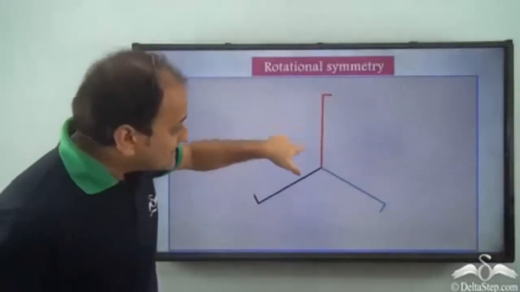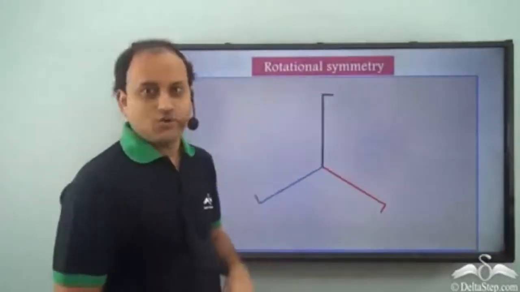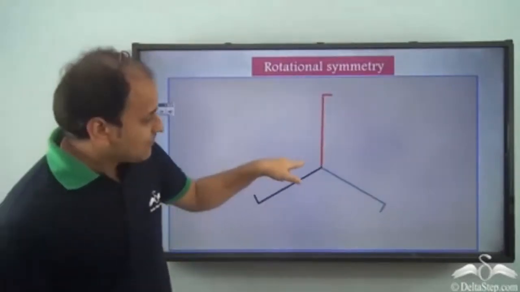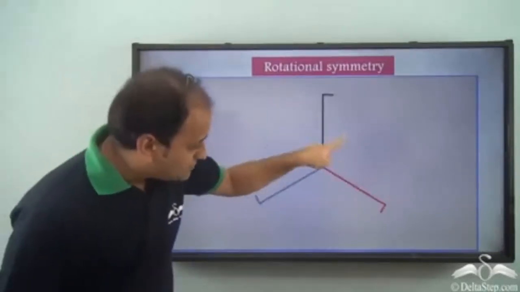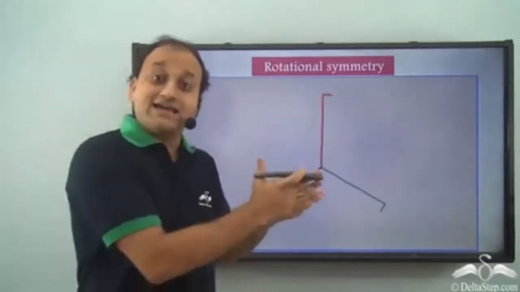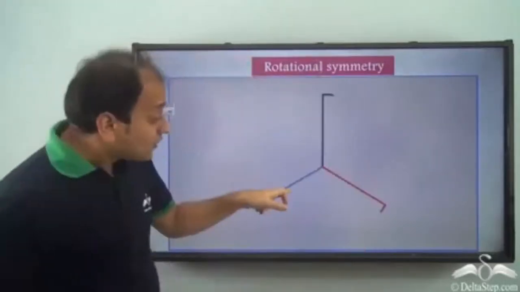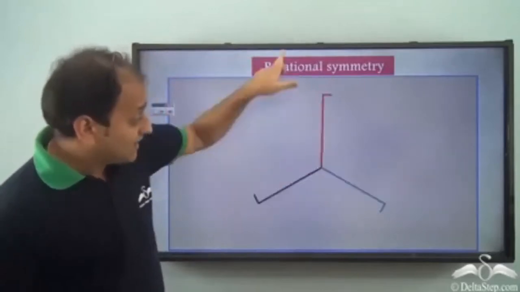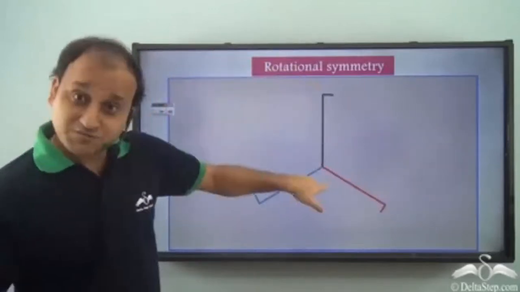What if I rotate this particular object? What happens then? Well, as you can see, every time we rotate this object at a particular angle, it looks exactly like its previous position.